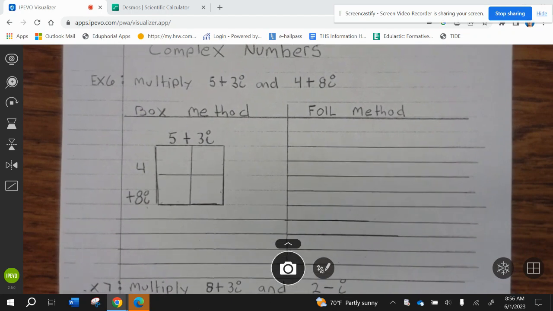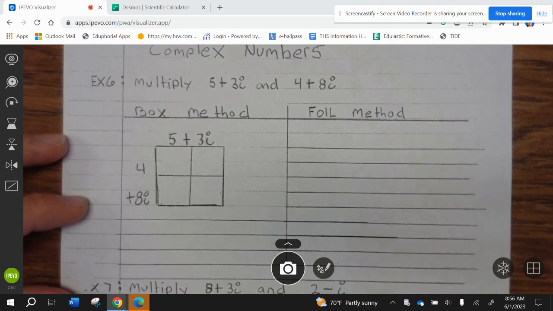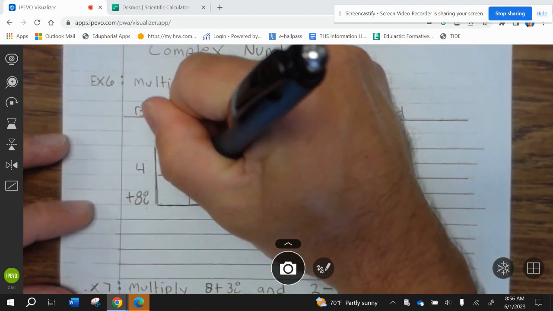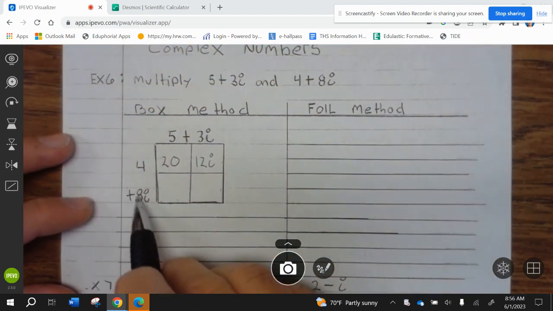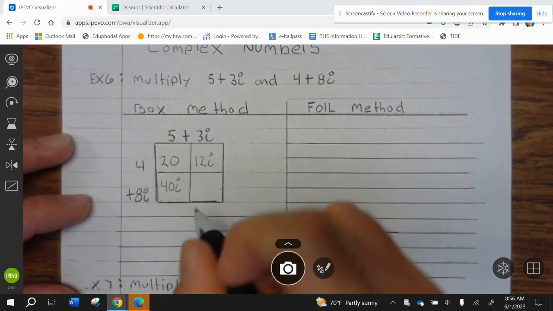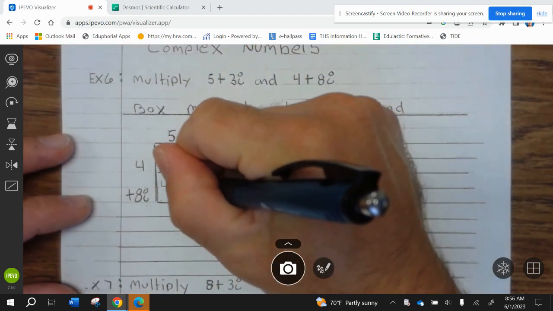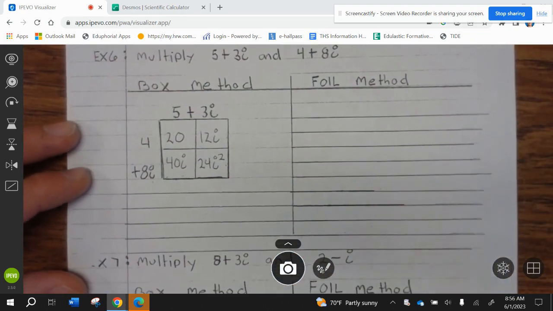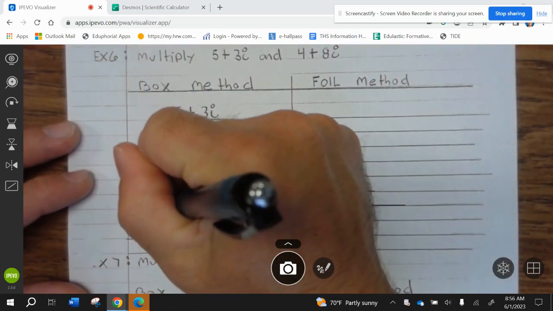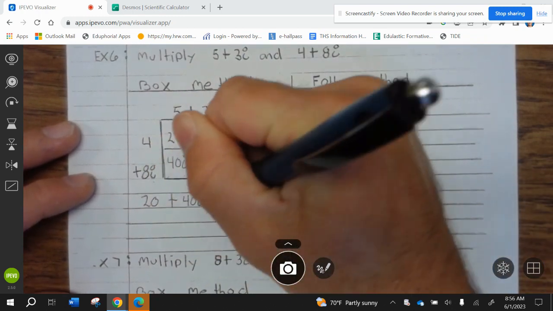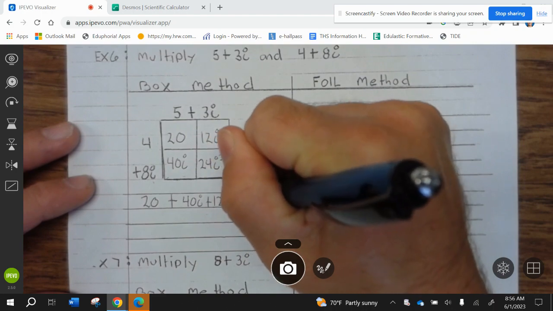Now we're going to multiply. So let's use the box method and use FOIL. So 4 times 5 is 20. 4 times 3 is 12i. 8 times 5 is 40i. 8 times 3i is 24i squared. So we have 20 plus 40i plus 12i plus 24i squared.